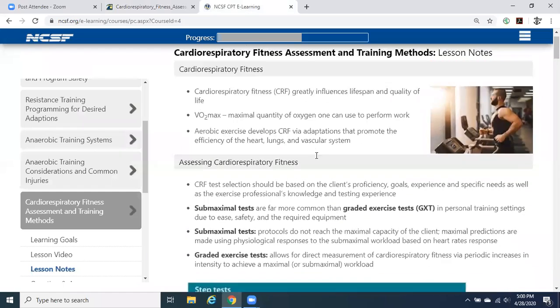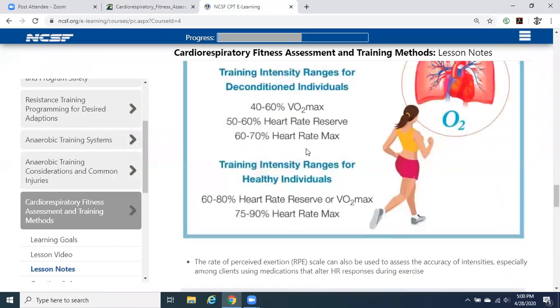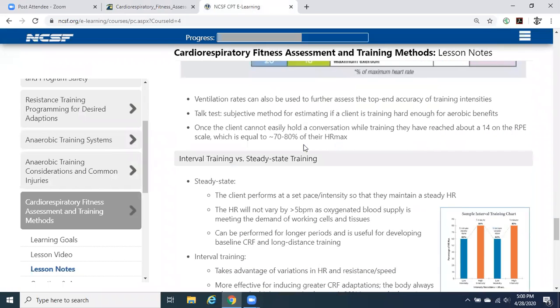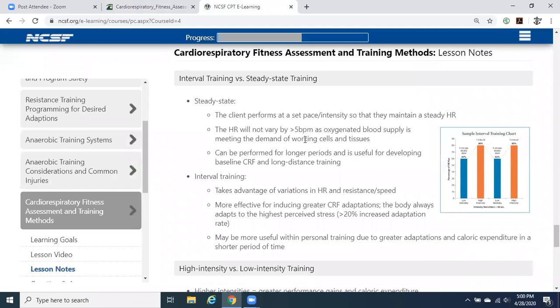As far as some of the notes from the book, let's see if there's anything else I've missed. I guess we can go back over steady state versus interval training. In steady state, the client performs at a set pace intensity so that they maintain a steady heart rate, basically staying at the same pace.